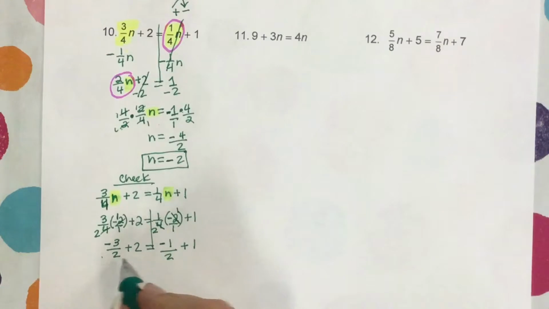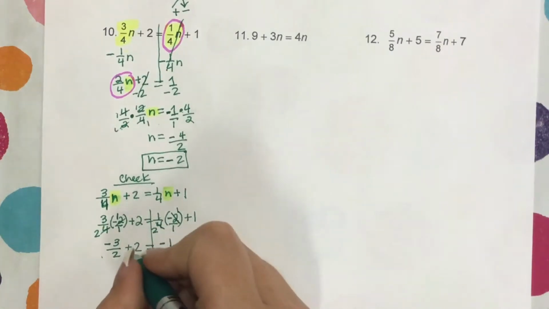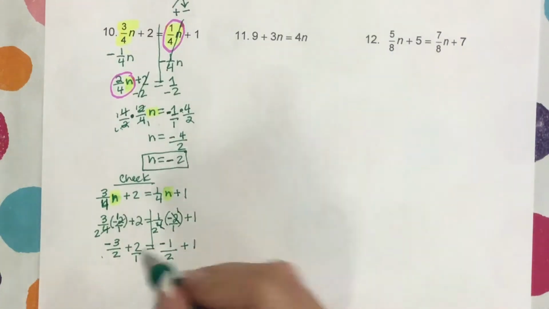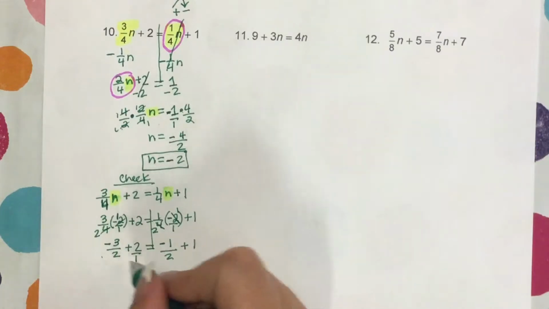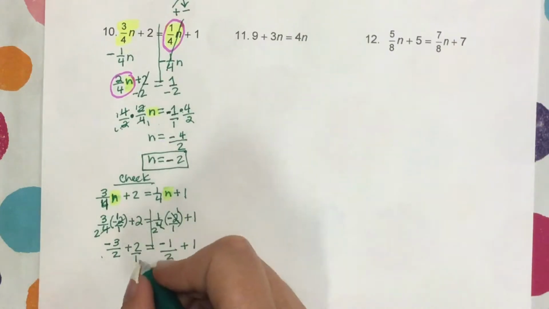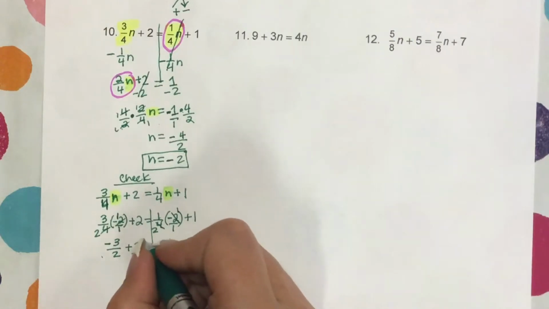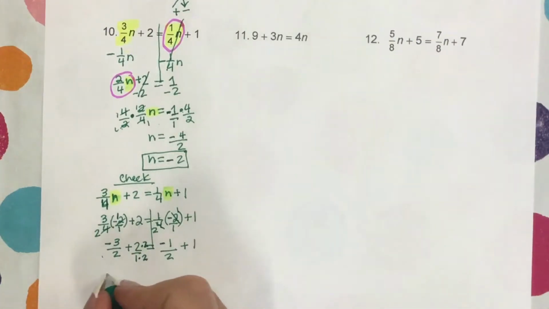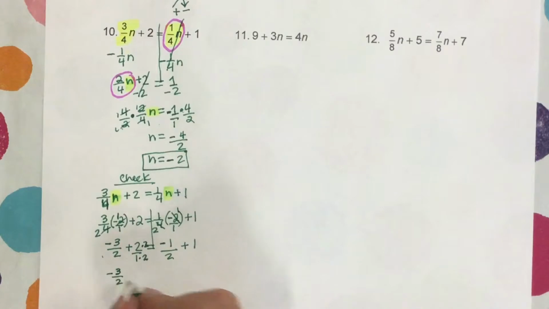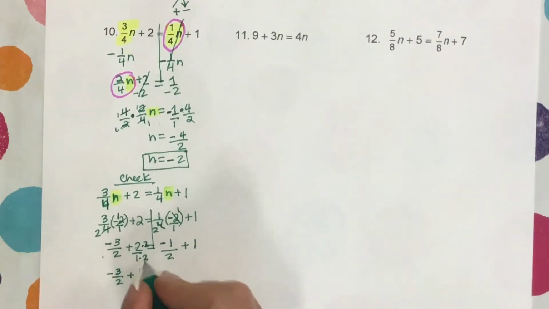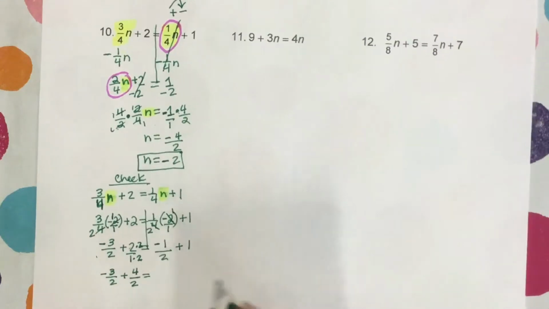Since I have fractions and I'm adding, I need to get a common denominator. So I'm going to make this 2 over 1. The common denominator between 1 and 2 is 2, so I multiply the bottom and the top by 2, which leaves me with -3 over 2 plus 2 times 2 is 4 over 1 times 2 is 2.